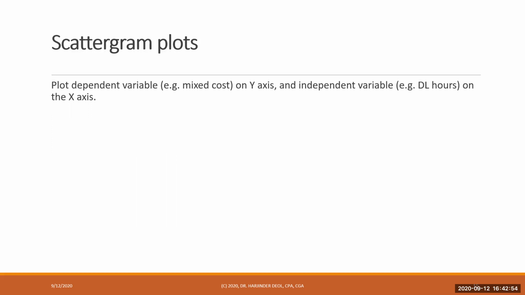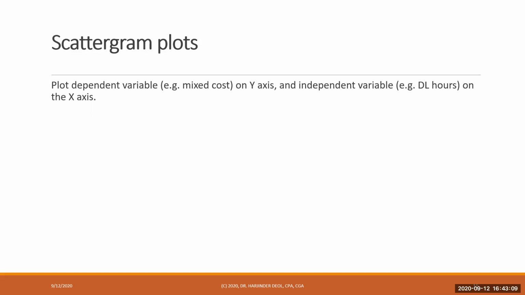Right, so that was an example of using account analysis. Let's take a look at diagnostics. There are three approaches to diagnostics. First one is to use scattergram plots. The second one is the high-low method, and the third is least squares regression. With the scattergram plots, essentially what we do is plot the dependent variable, which is the mixed cost, the dollars, on the y-axis, and the independent variable, say, direct labor hours, on the x-axis.